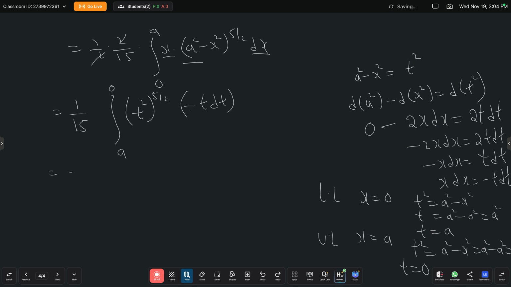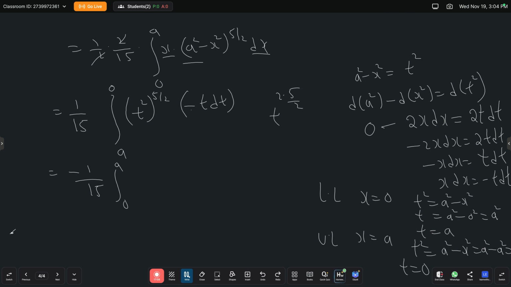This minus is also a constant, so it can be taken out. Minus 1 by 15 into the integral from 0 to a of t square power 5 by 2.